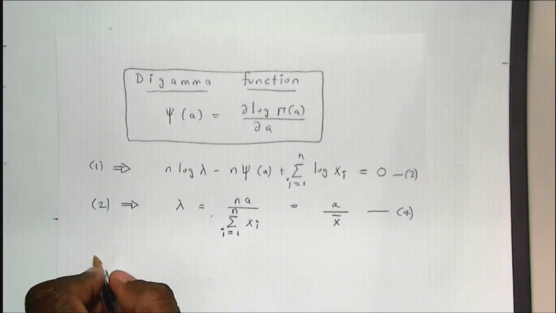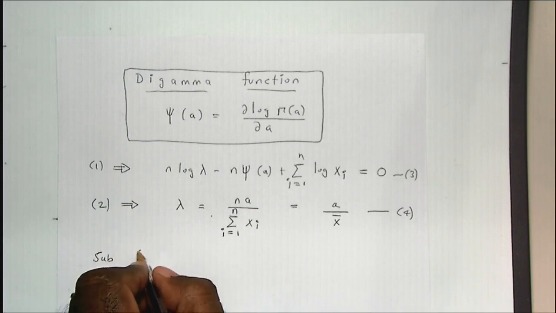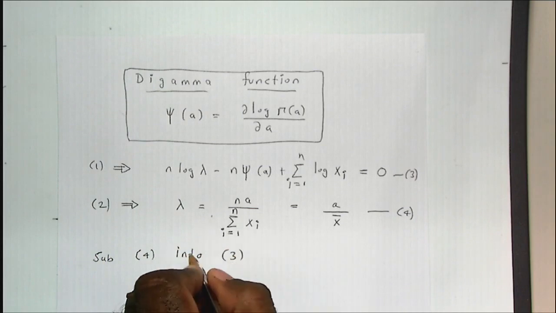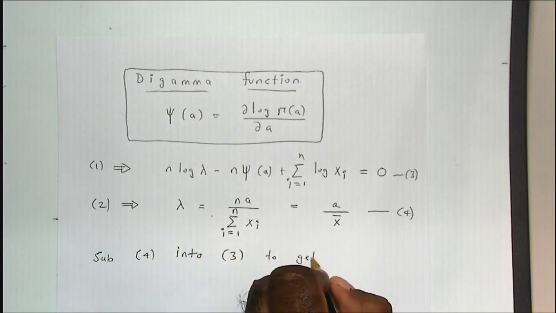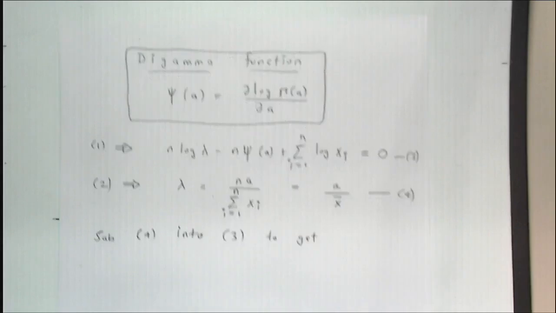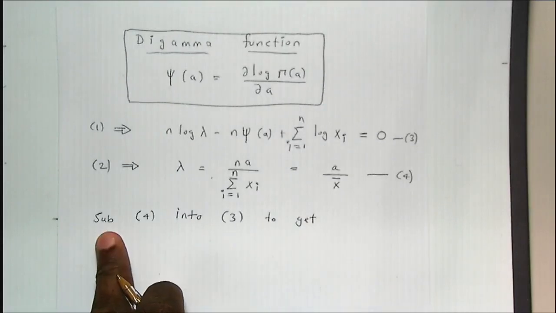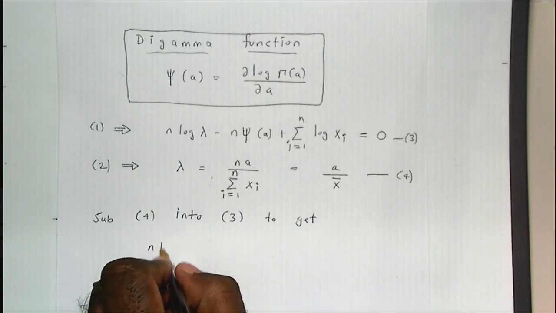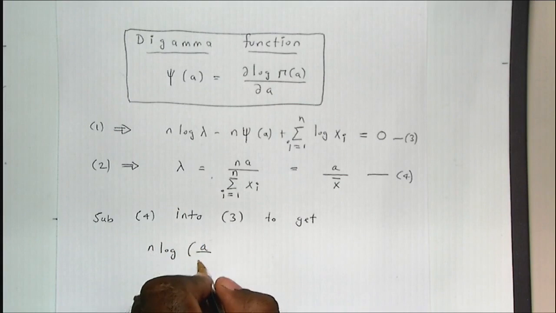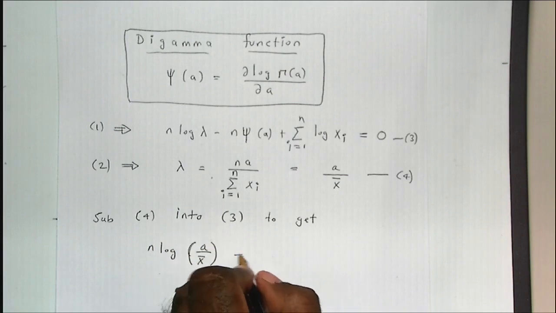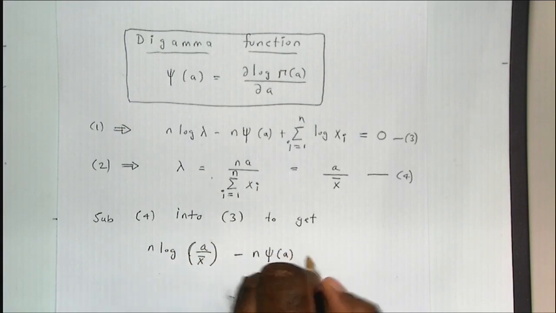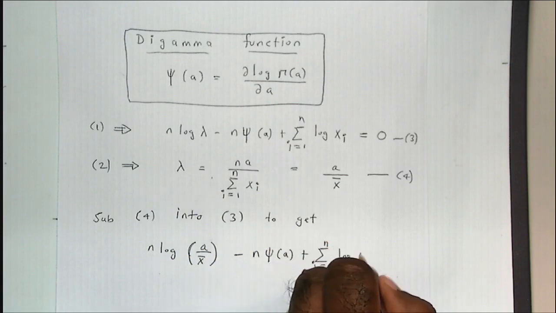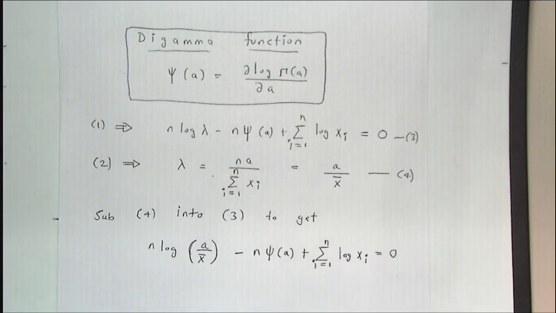Sub 4 into 3 to get. I'm going to short for substitute, okay? If you sub 4 into 3, you get n log of A divided by x bar minus n equal to 0.